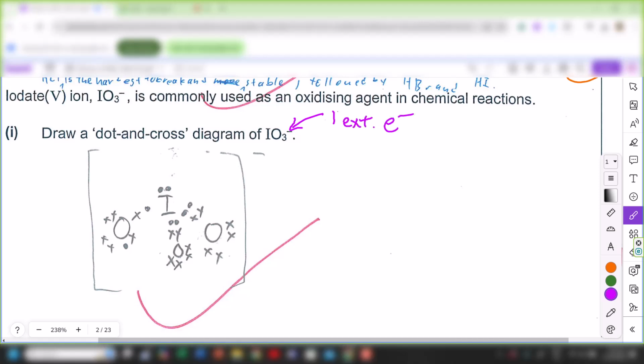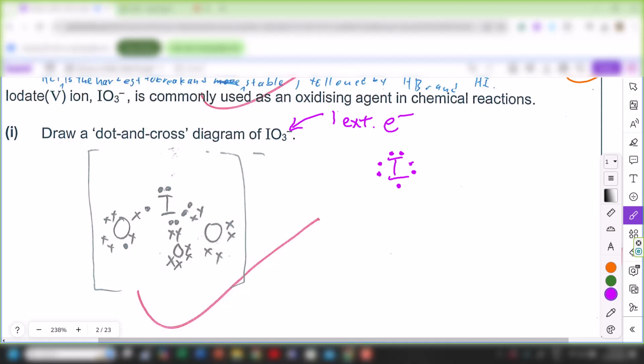So when iodine is going to form bonds with oxygen, there is 1 iodine, which will have 7 valence electrons, so no change.